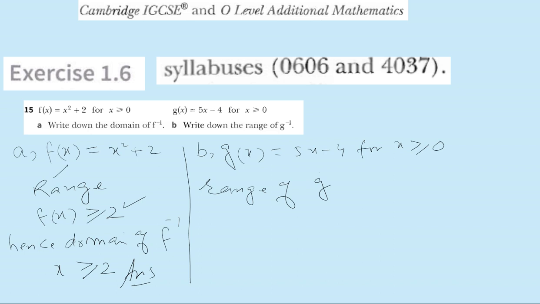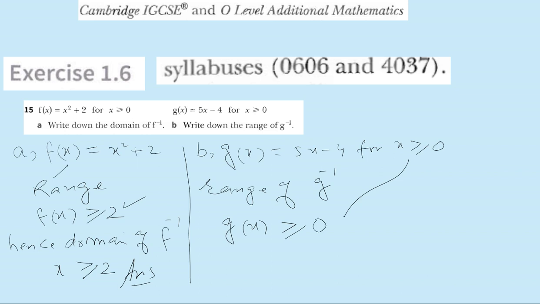The domain of a function is the range of its inverse. So the domain is given, therefore the range of g inverse is g(x) greater than or equal to 0.